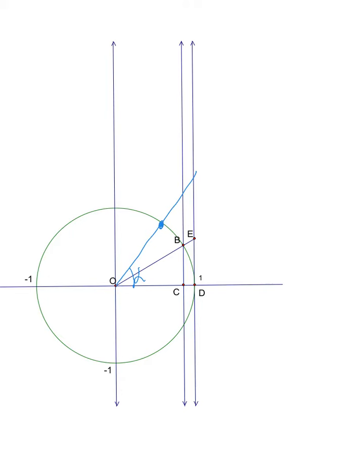When it intersects the unit circle, that's the point that has x coordinate cosine and y coordinate sine. But this triangle is also similar to this big triangle, and if you consider the ratio of sine over cosine, which is tangent, it will be equal to this segment over this segment, which is 1.